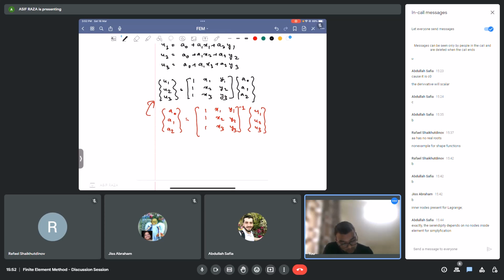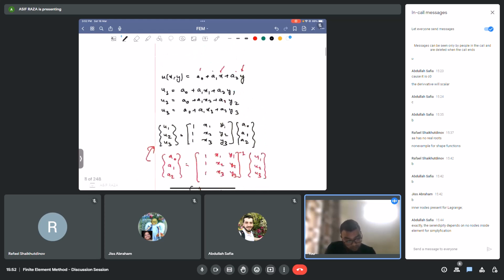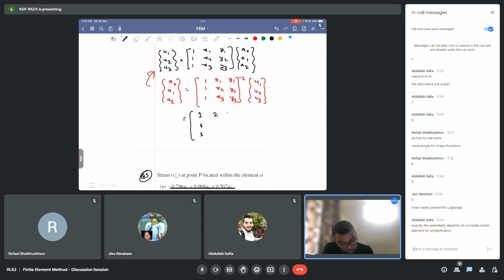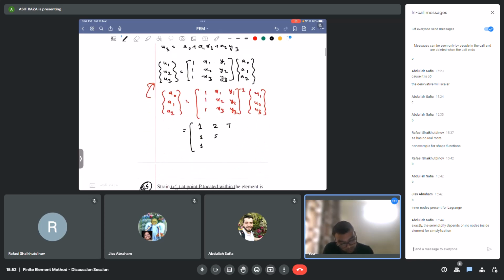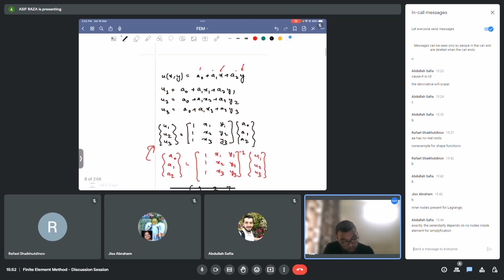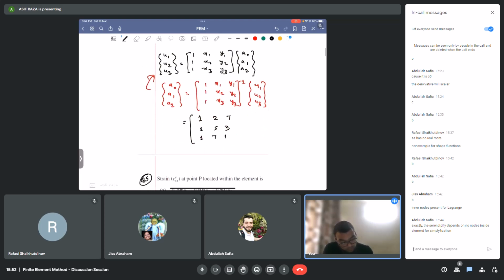So let's use this. In our case, what is the matrix here? 1 1 1, and x1 y1 is 2 comma 7, so this is 2 7. x2 y2 is 5 comma 3, so this is 5 and 3. And x3 y3 is 7 comma 10.